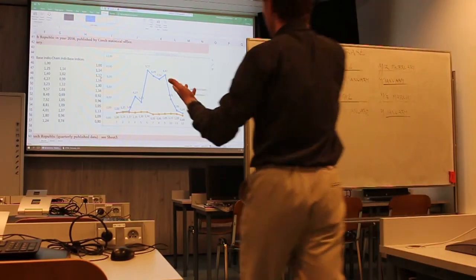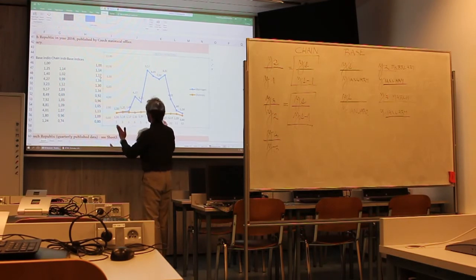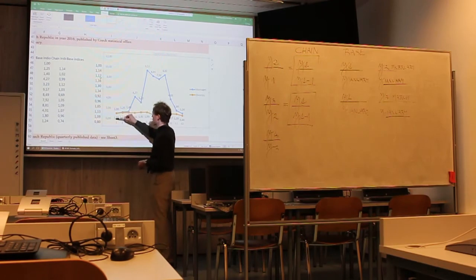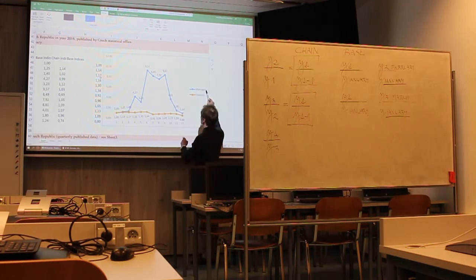We can draw a chart of the development of indices, mainly the base indices. You can see that the first position is 1.00. Marriages are the blue curve, divorces the orange curve.